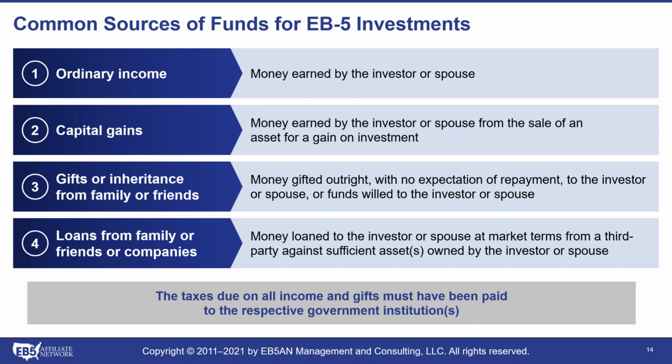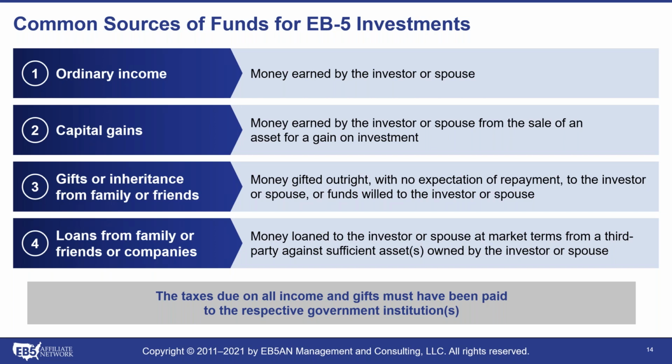Yep. So to quickly cover the four major areas of potential capital sourcing, and Joey, we'll get into these in more detail, but just at a high level: ordinary income, so money that the investor earns from a full-time job or from running their business. Capital gains, appreciation from the sale of capital assets.